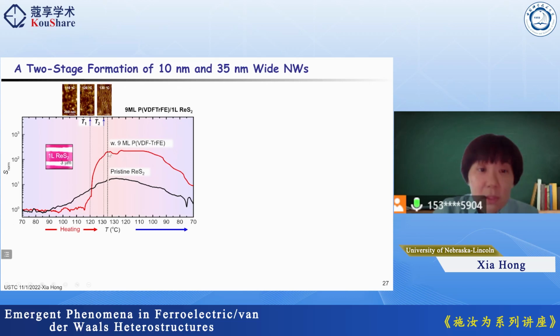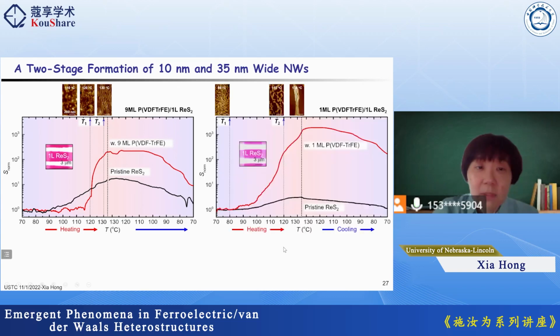There's a jump of the doping into rhenium disulfide. This suggests the PVDF starts to crystallize. And at 130, the nanowire forms, and we can see that the doping becomes maximized. For the thinner nanowires, it is slightly different.